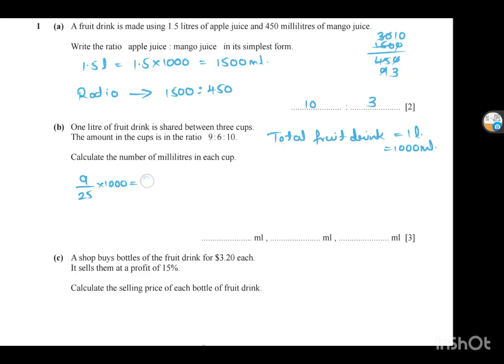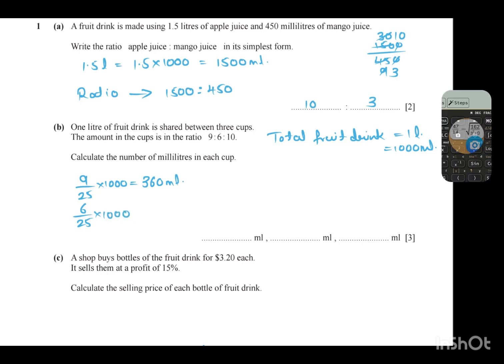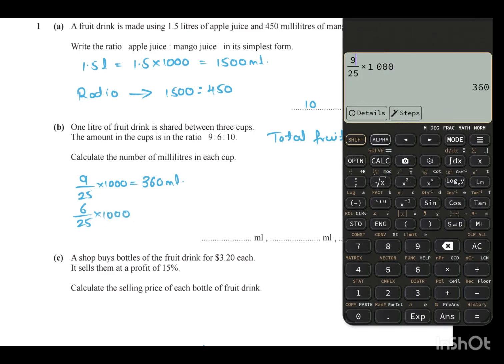360 milliliters. 6 by 25 into 1000, just change the number here. 6, 240 milliliters. Next 10 by 25 into 1000, change it, 400.